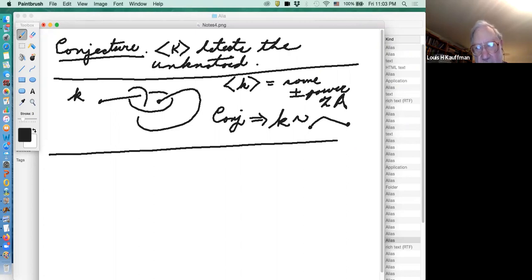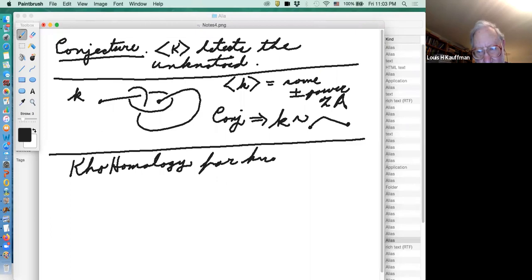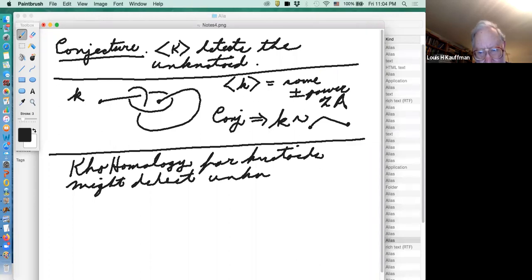And it also might be true that the Khovanov homology for knotoids might detect the unknotoid.